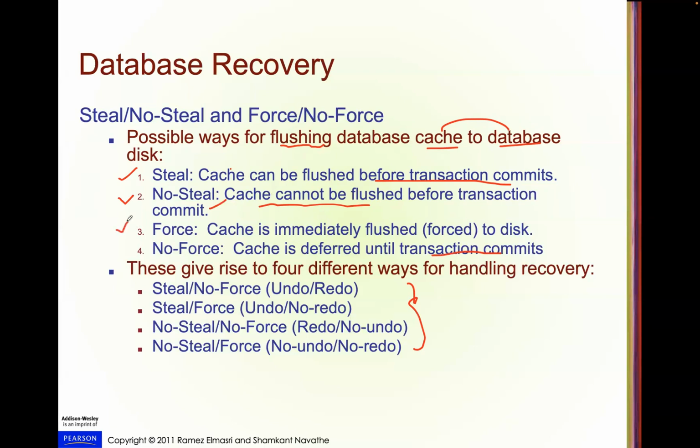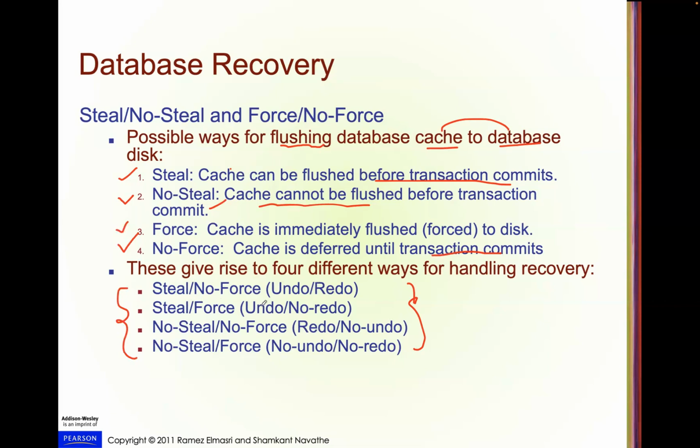So these four ways give you the following combinations. Steal, no force means you are flushing before the transaction commits, or you are deferring the cache contents to be written until the transaction commits. So it's steal, no force, like undo and redo together.